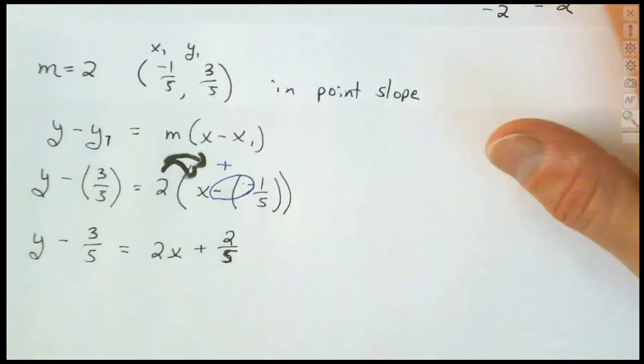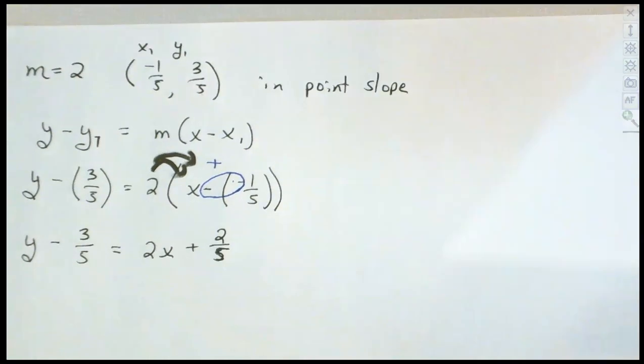Now we could clear out the fractions, but we really don't need to. It's so simple. We can just move that 3/5 across because that 3/5 can go directly with that 2/5. And it's going to make it very, very easy to just add them together. So we don't need to clear our fractions out because we can get by without doing that.